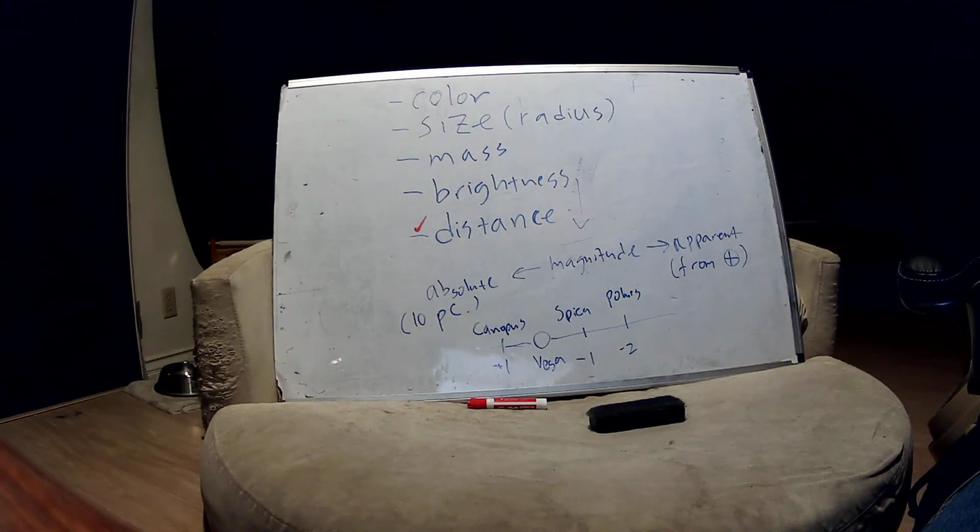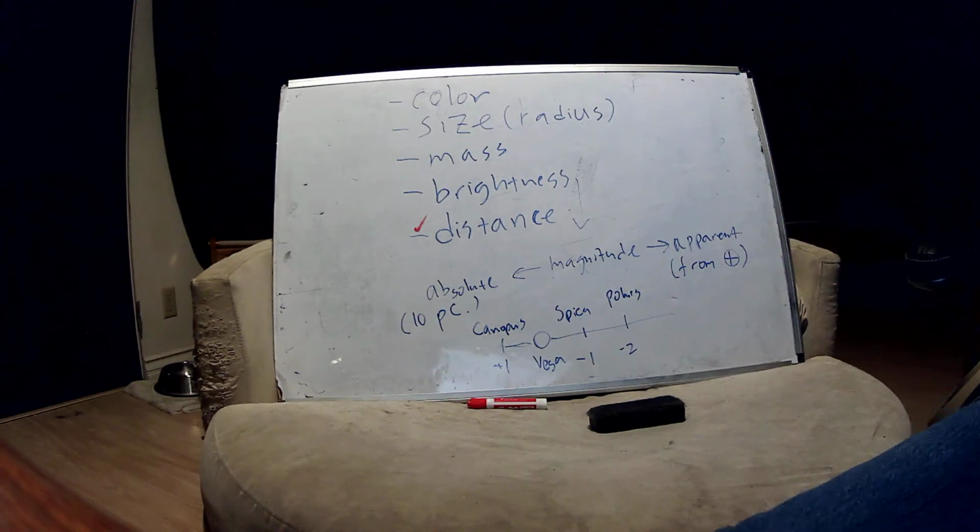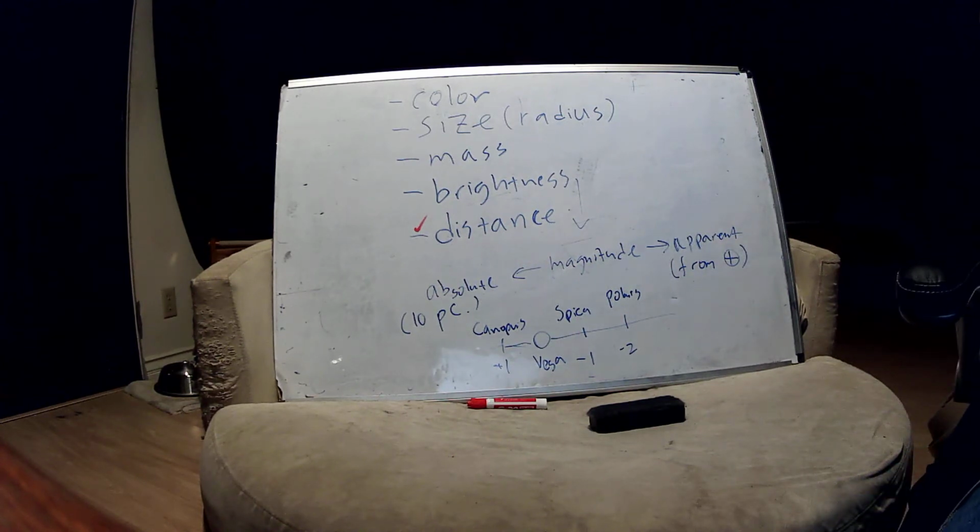And if you remember your mathematics, 10 parsecs is roughly 32.6 light years, because 1 parsec is about 3.26 light years.